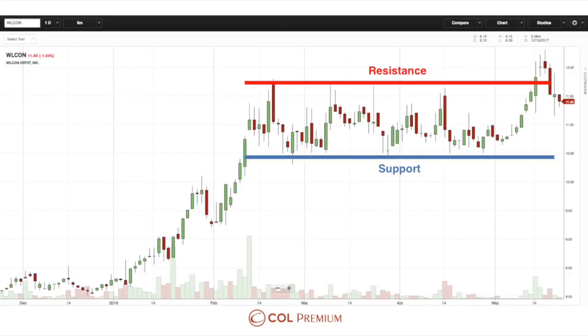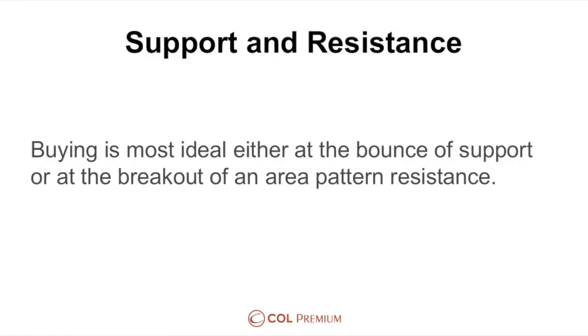Now, what did we mention earlier? Going back to the slide that I said was the most important slide in this presentation, I said that it was the most important because it taught us how to enter a particular stock. And what did we say? We said that we enter either at the bounce of support.